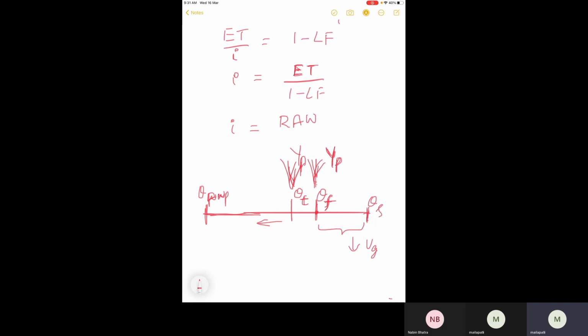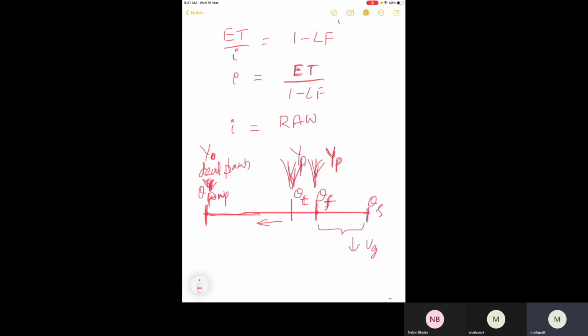If you go up to this, the plant is going to die. This is the dead plants, let's say. So at this moisture content, the plant is not going to survive. Here we call Y0. So there is no yield at all.